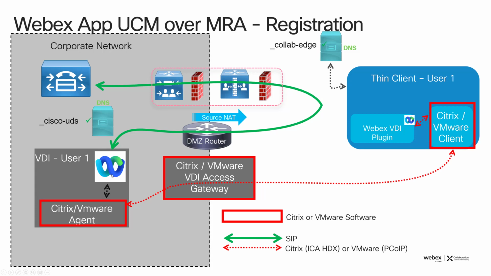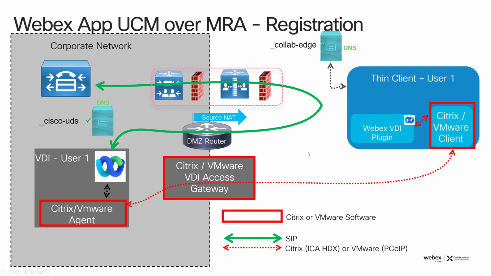So the SIP registration happens from the Webex app in VDI back in through the Expressway infrastructure to UCM. So we're now SIP registered. If you look at your CSF device, for example, in Unified Communications Manager at this stage, you will see that the CSF device is registered from the IP address of Expressway C should be shown in this scenario.